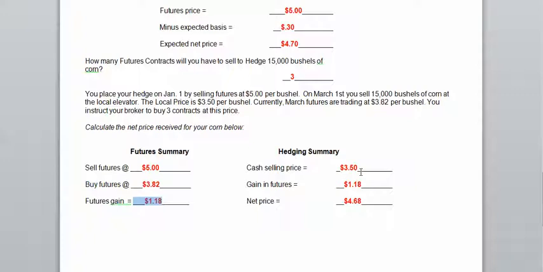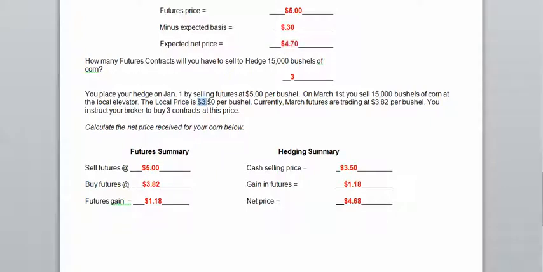We sold cash corn at $3.50 a bushel. We now add the futures gain of $1.18, and we end up with $4.68 as a realized price, which is 2 cents less than what we expected. Why 2 cents less?